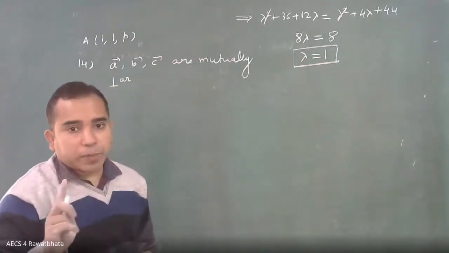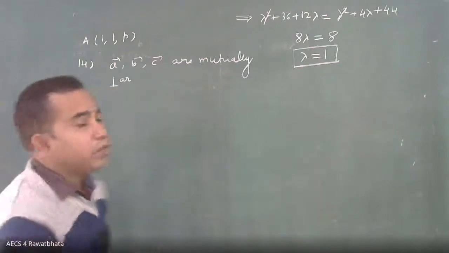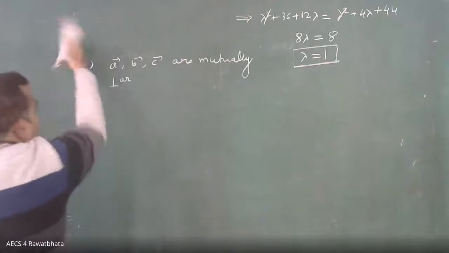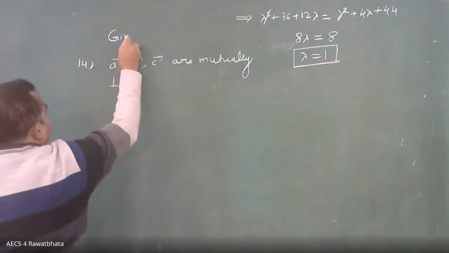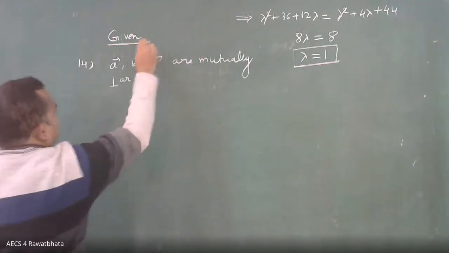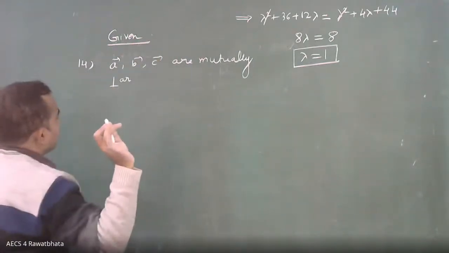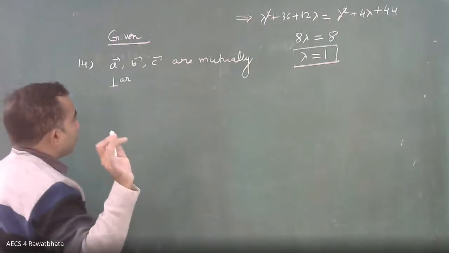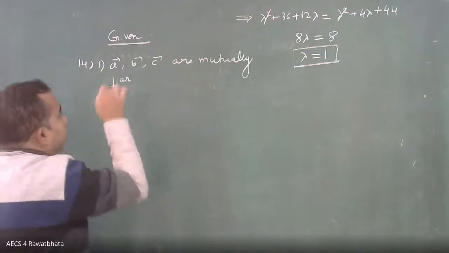Very good question. Arpita, can you read this question again? I want to write the given statement. What things are there? Can you read it again? Okay. First thing is given that they are mutually perpendicular.